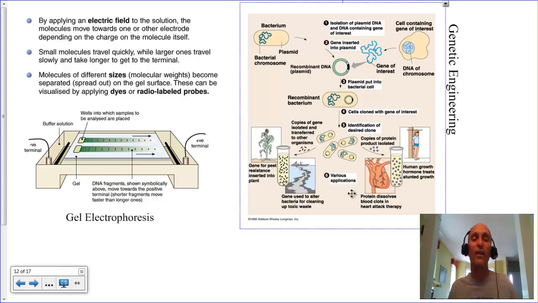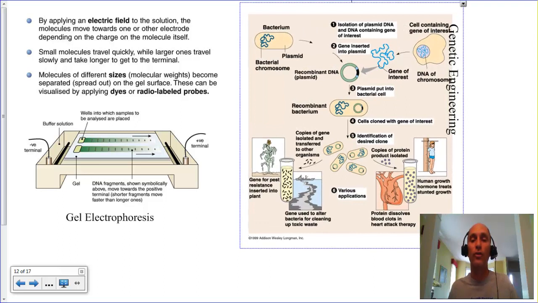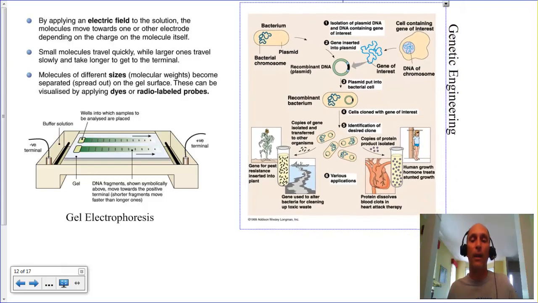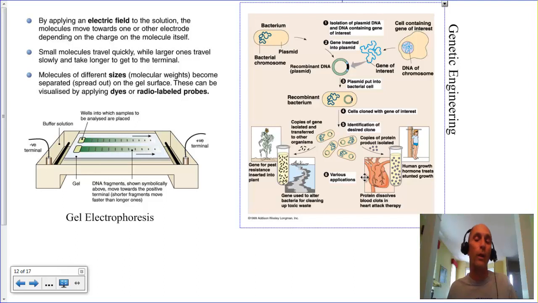And they have lots and lots of things that they can be used for, such as human growth hormone, insulin, TPA, which is a drug that dissolves blood clots, and it's a huge lifesaver. So if you know anybody who had a heart attack, it's very likely that the medication that they gave them came from bacteria that were grown not in a petri dish, but in a giant container.